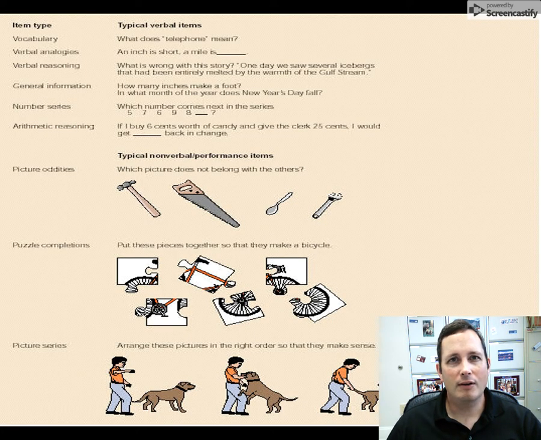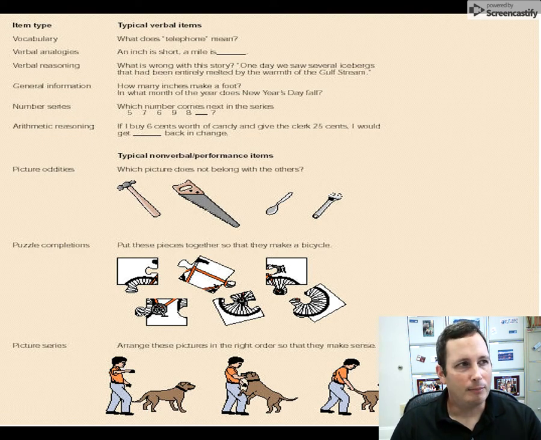So you can see here on this slide, looking at a few items, you have different verbal items and nonverbal items. So the first item there is, what does telephone mean? And so maybe kind of interesting to see what telephone means to today's youth, but that used to be a pretty straightforward question. Another question would be, an inch is short, a mile is, and the answer being long.